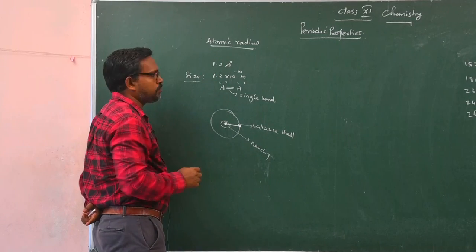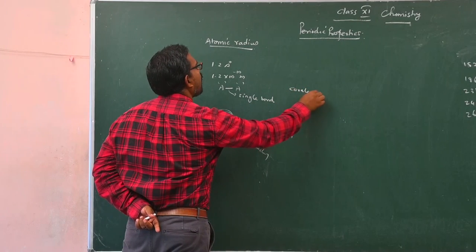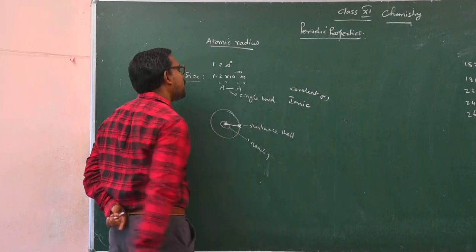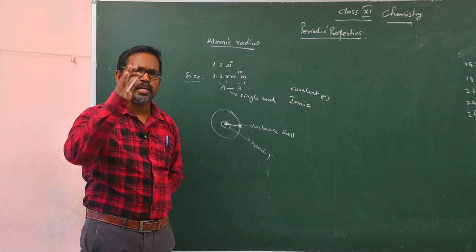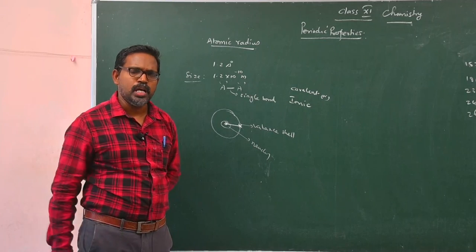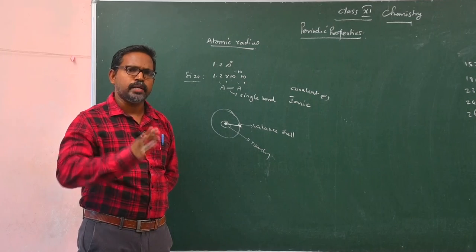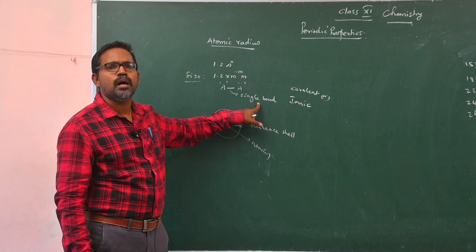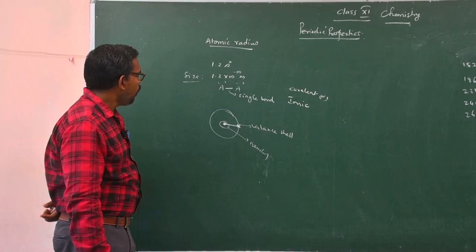The atom may be covalent in nature, or it may be ionic in nature. I already told you the atoms cannot exist as a single moiety. Therefore, they are united together. Suppose two atoms are connected by a single covalent bond, an ionic bond or a metallic bond.